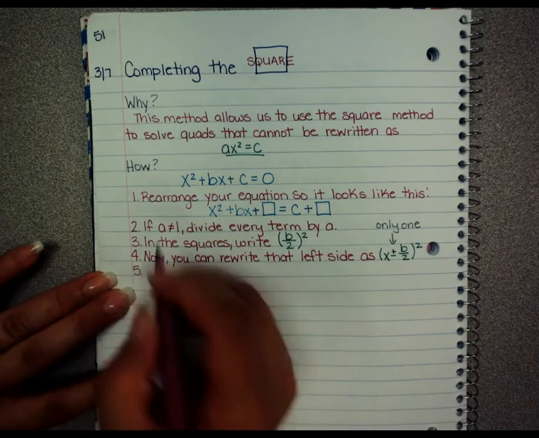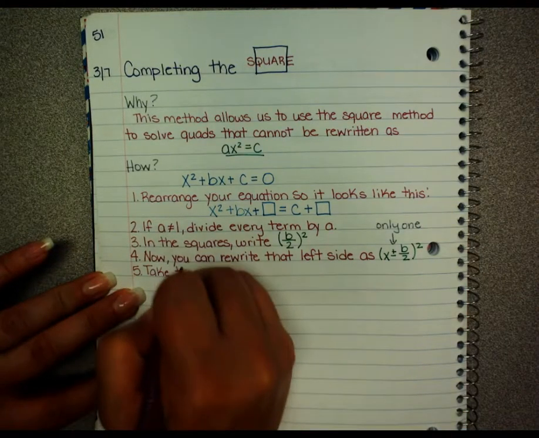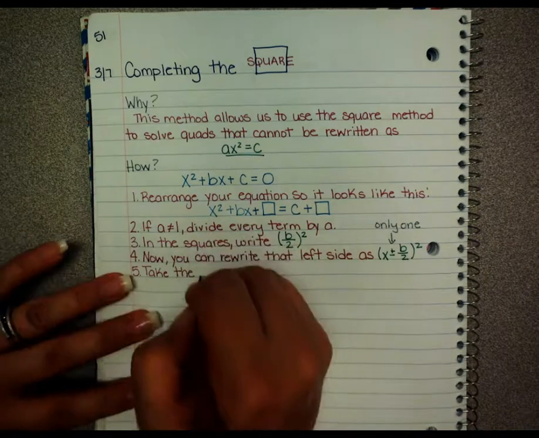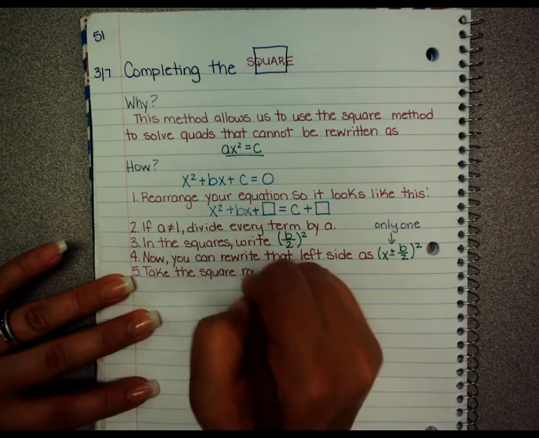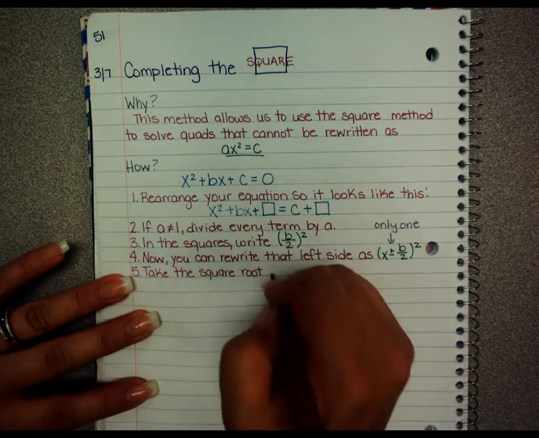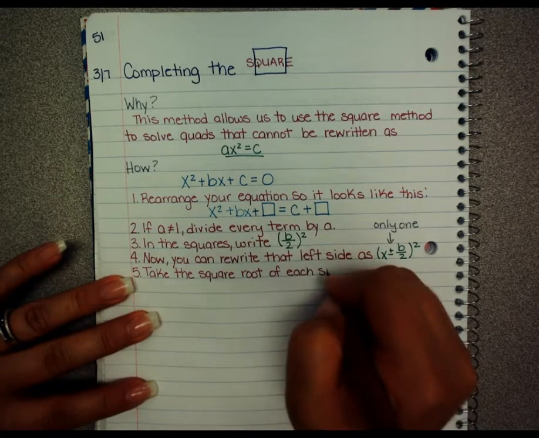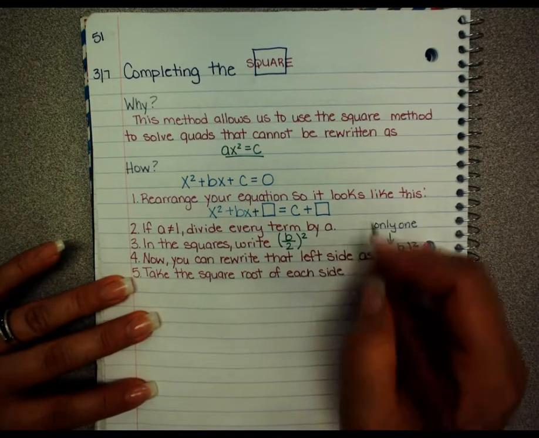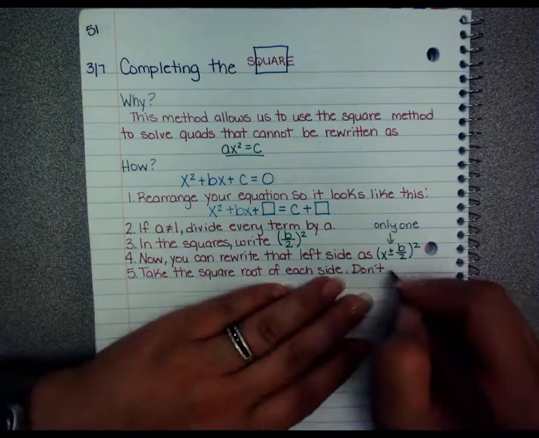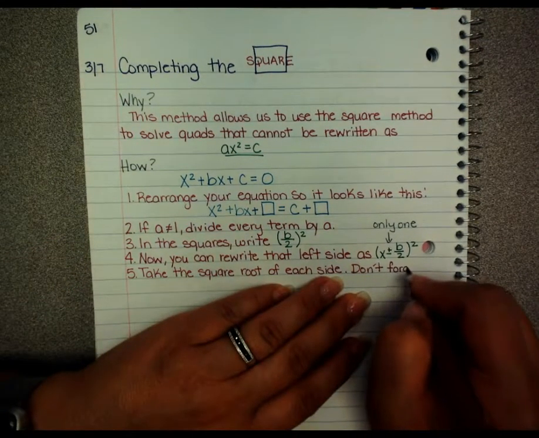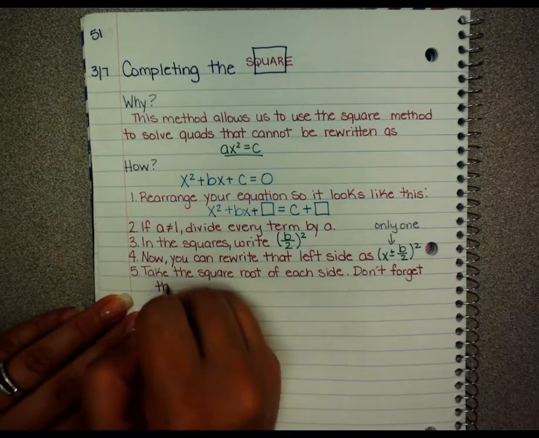Step 5. Take the square root of each side, and just like with the square root method that we just talked about, don't forget the plus minus.